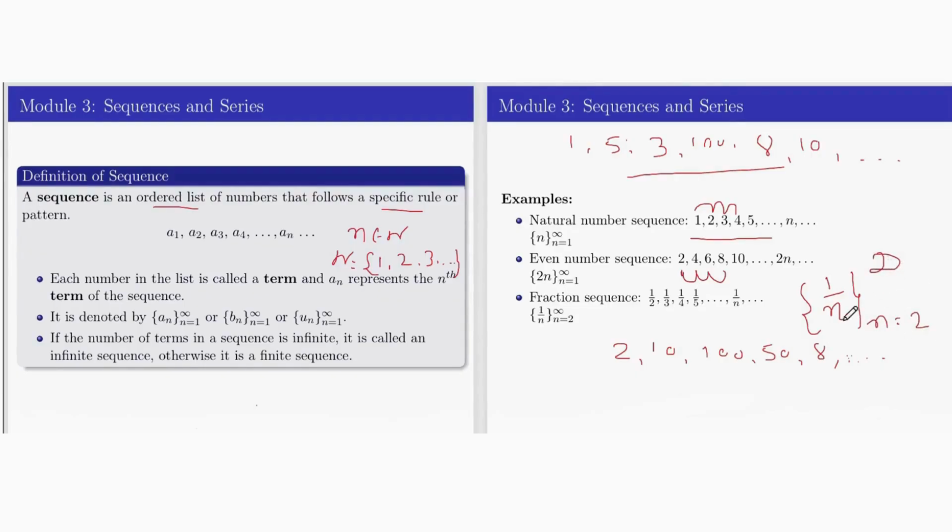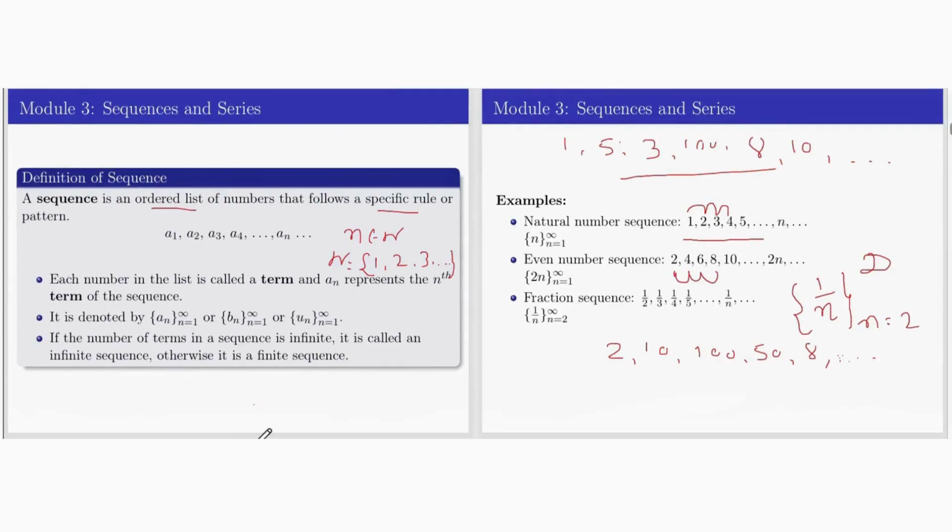First 1 by 2, then 1 by 3, then 1 by 4, and the nth element is 1 by n, and so on. This pattern follows a rule: every time 1 is divided by n. And second, this is an ordered list. So this is an example of a sequence.